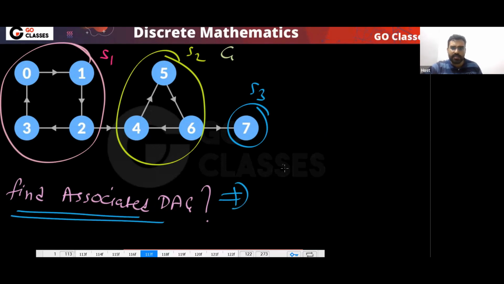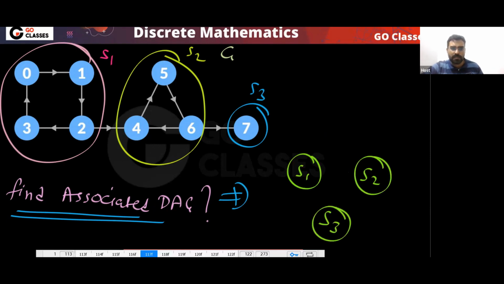Then what is the associated DAG? It simply means that you make families: S1 family, S2 family, S3 family. Now you can notice there is an edge from S1 to S2. Why? Because this person is a friend of this person. Can anyone tell me what this edge is because of? Because of 2 and 4.